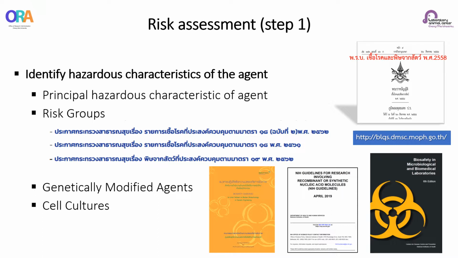In the policy announcement of the Medical Science Ministry, the policy announcement of controlled agents in Thailand covers pathogens in section 18 and animal toxins in section 19, or Appendix B in the BMBL publication. For someone working with recombinant or synthetic nucleic acid molecules, the NIH guidelines for research involving recombinant or synthetic nucleic acid molecules, published by the US NIH, are a good reference for risk assessment.